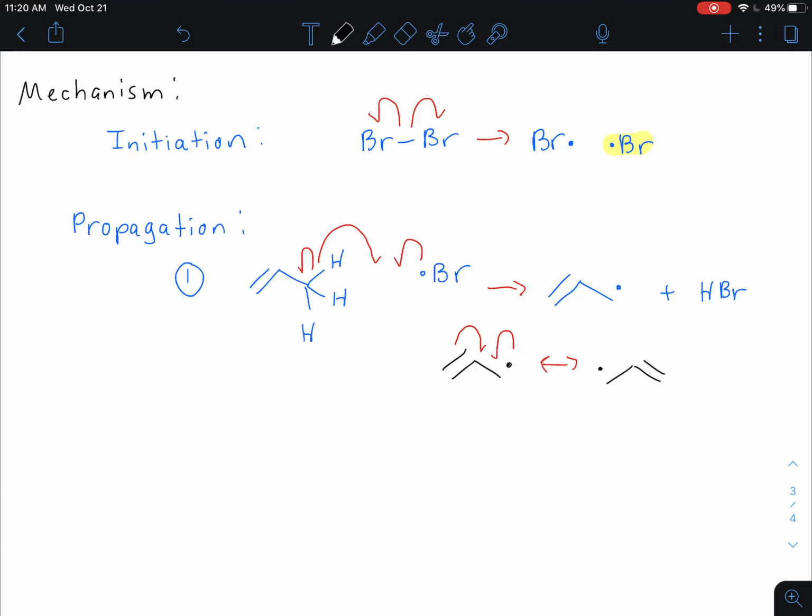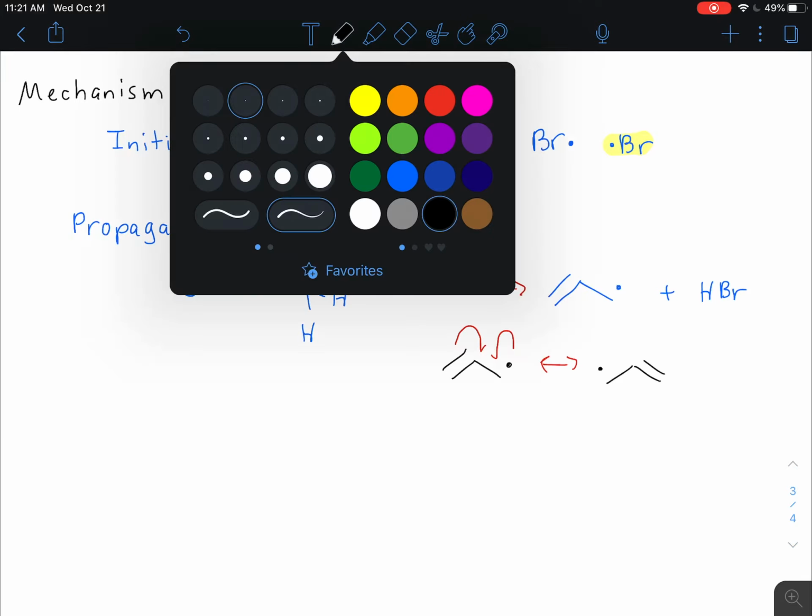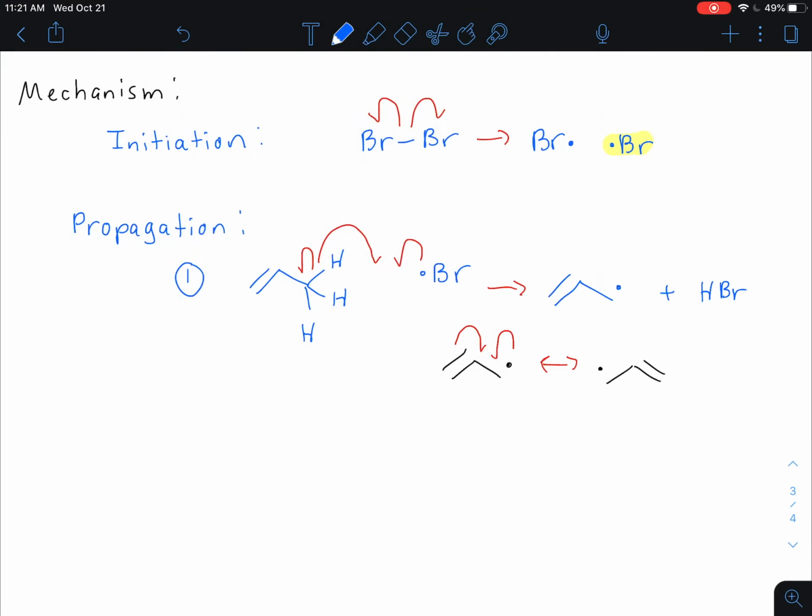Usually for genuine resonance structures, we move one electron pair, not electrons one at a time, but to show it for radical stability, that's what we need to do. And just like a carbocation is stabilized by resonance, a radical can also be stabilized by resonance.